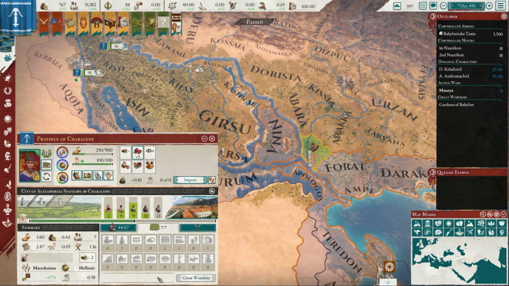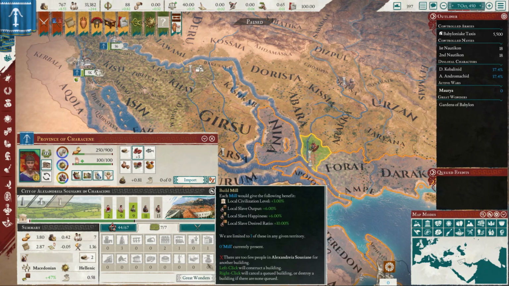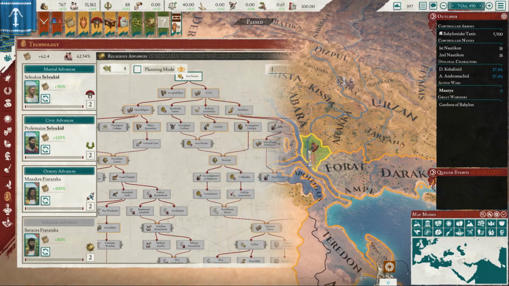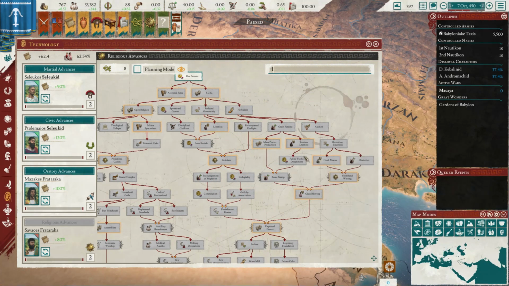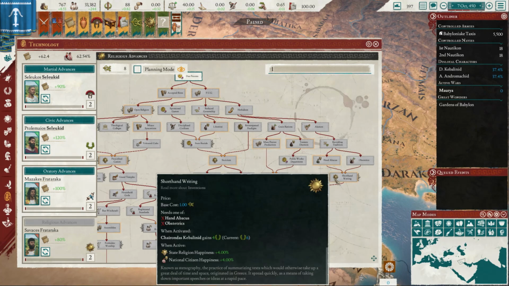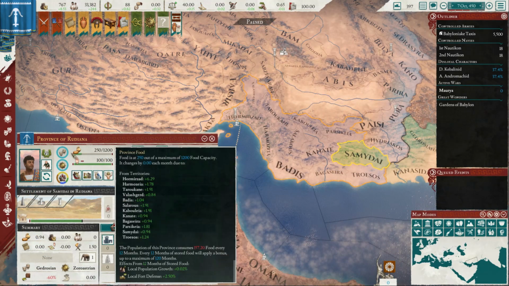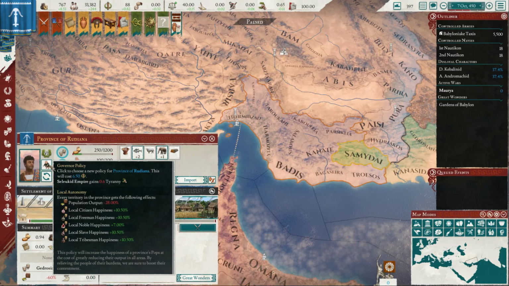Buildings are also a good way to increase local pop happiness for each pop type. The Academy, Court of Law, Forum and Mill Building all increase local pop happiness for each type of pop. Numerous inventions that increase pop happiness are also worth keeping an eye out for, so look out for them in the technology section. Policies are also a neat way of maintaining province loyalty.